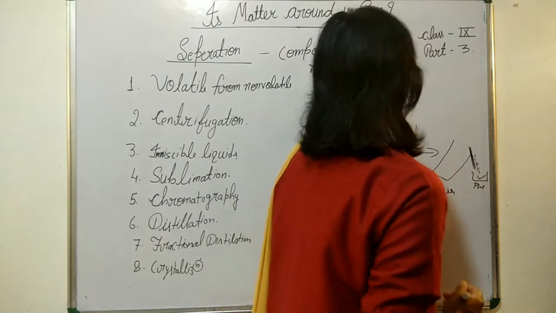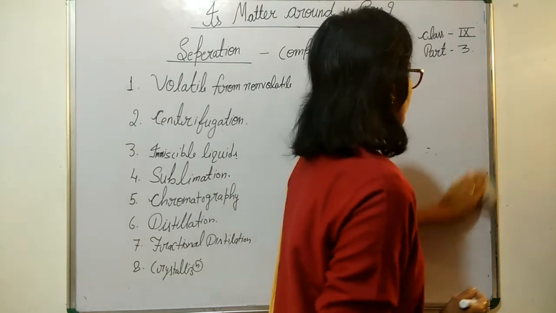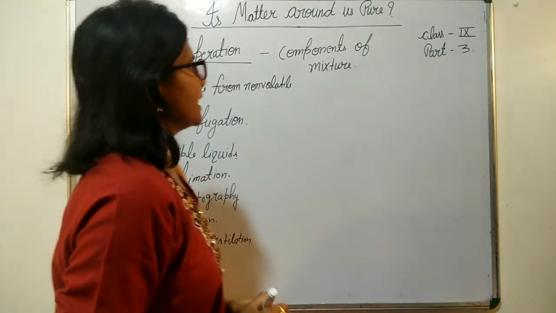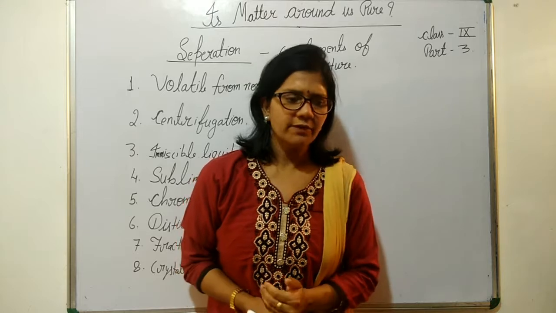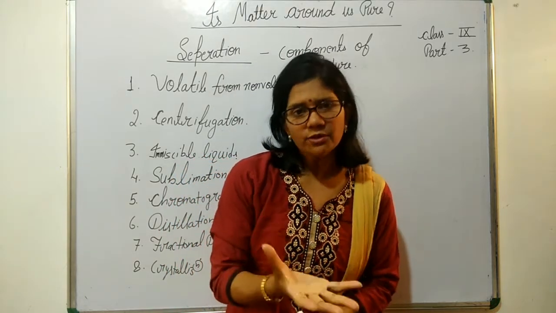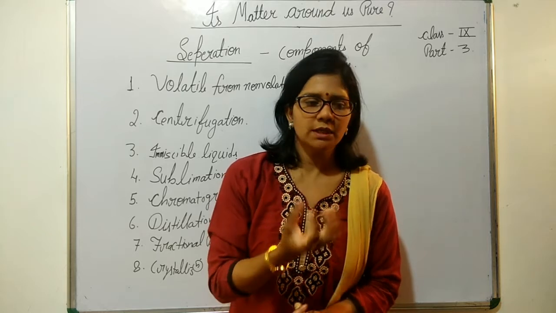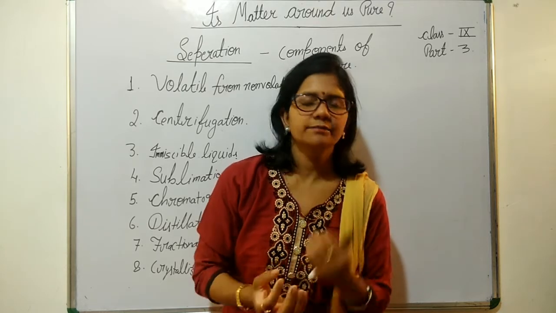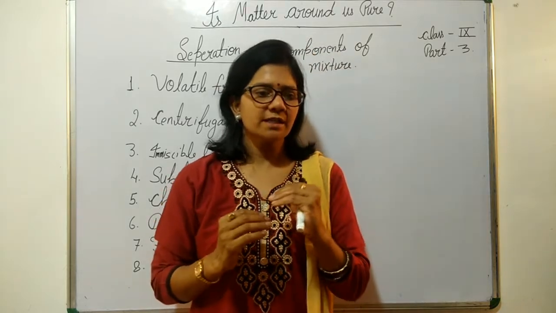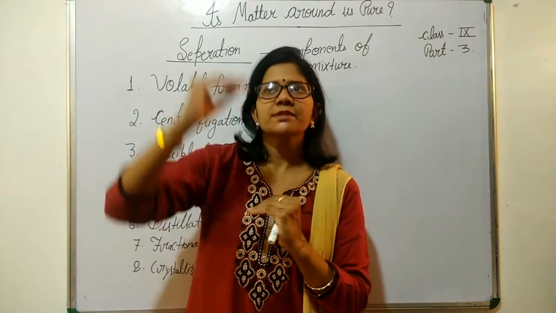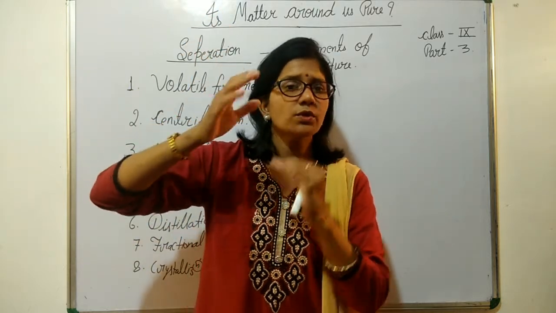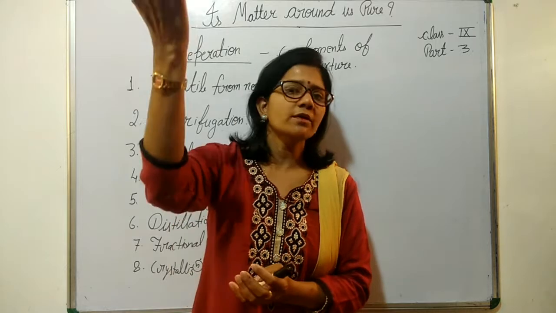So now let's explore the new methods of separation. Let's start with volatile from non-volatile. At first, what is the meaning of volatile? If you heat something, or increase its temperature, what happens after some time? The volatile substance will evaporate, or leave your vessel in the form of gas.